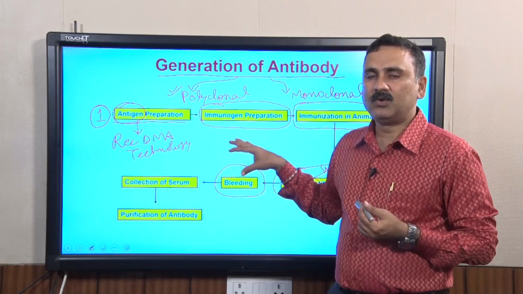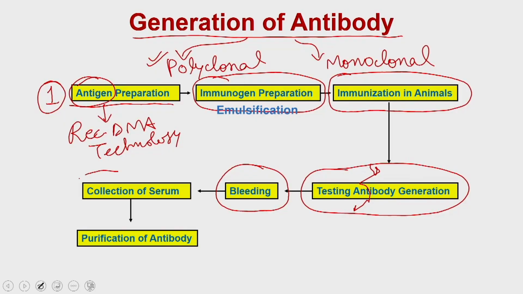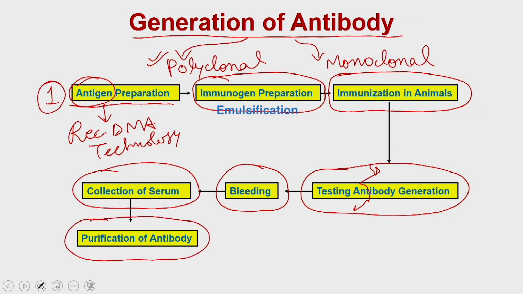Then you prepare the serum from the blood, and once you prepare the serum, you can purify the antibodies from it, because serum is going to have the collection of antibodies which the animal is producing for defense against the infectious organisms it may be encountering while you are doing the antibody generation. On the other hand, it also has the antibodies which you are generating against this particular antigen.